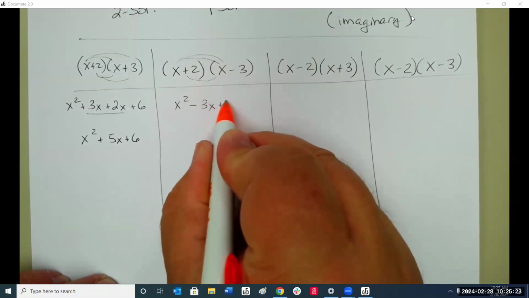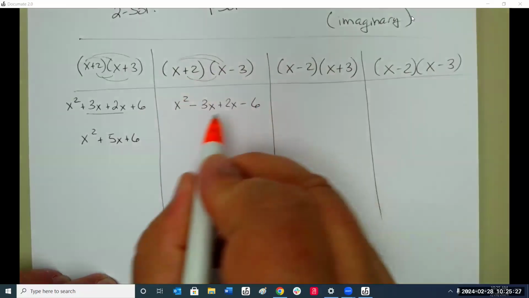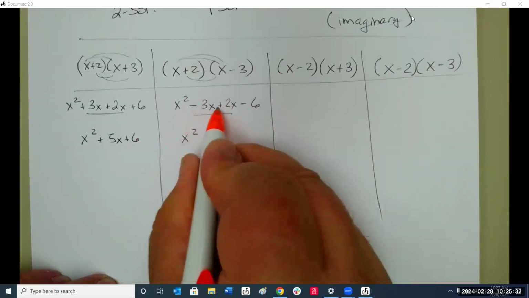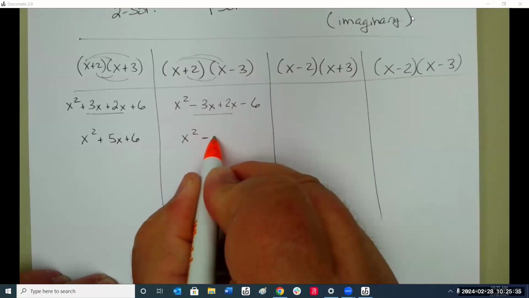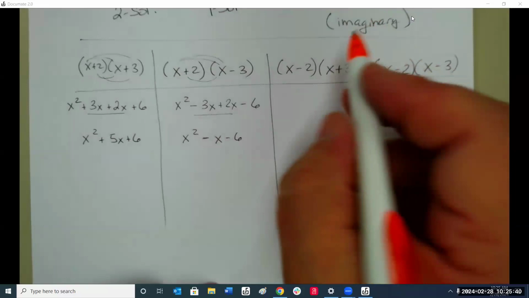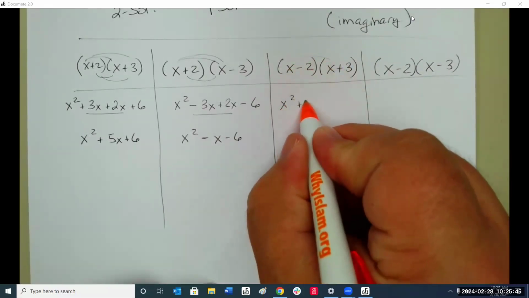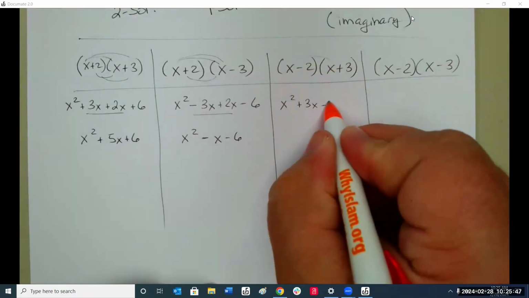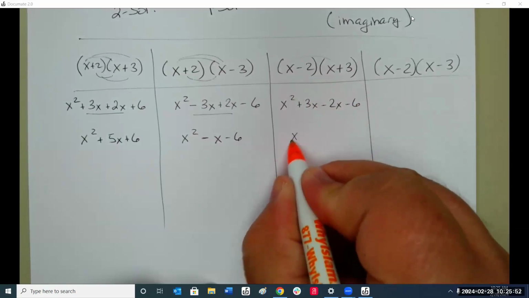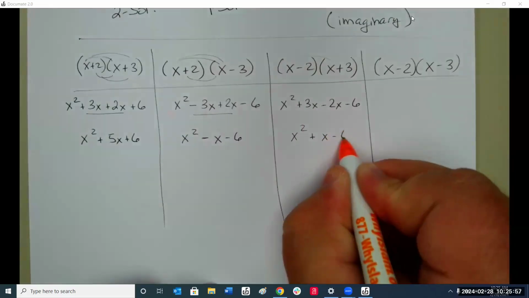Positive and positive. 2x positive, negative, 2 times 3. Combine like terms. 3 is bigger. 3 minus 2 is 1. Positive, negative and positive, negative and positive. 3 is bigger, it's plus. 3 minus 2 is 1.